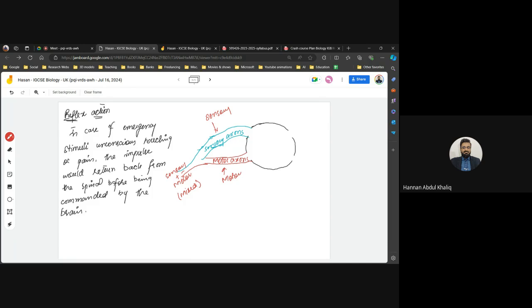That is the major difference you need to remember. All right, so now we are aware that when they are attached to the spinal cord, the sensory and motor nerves are different. This is sensory nerve, this is motor nerve. But after some distance from the spinal cord, the sensory and motor become one, and now we'll call it a mixed nerve.